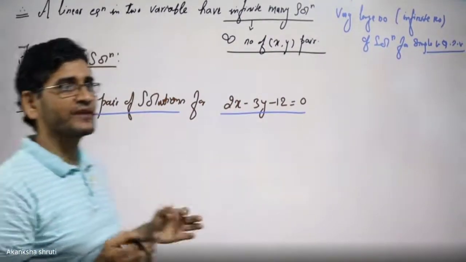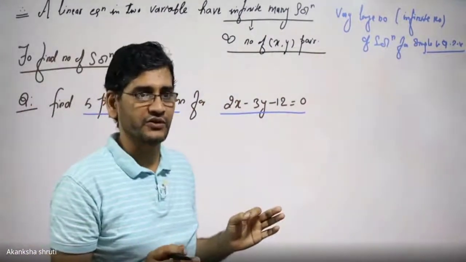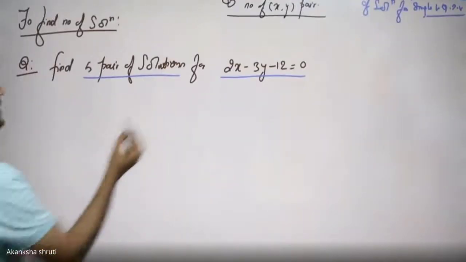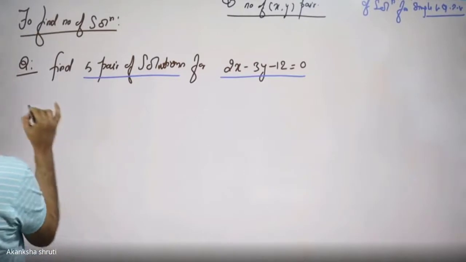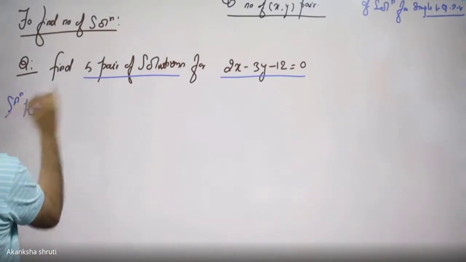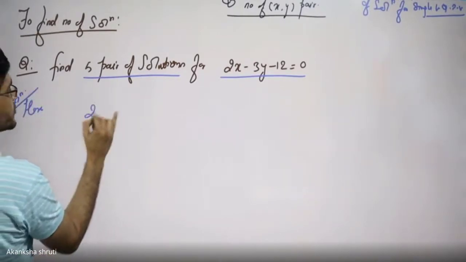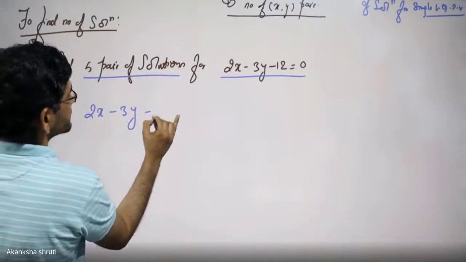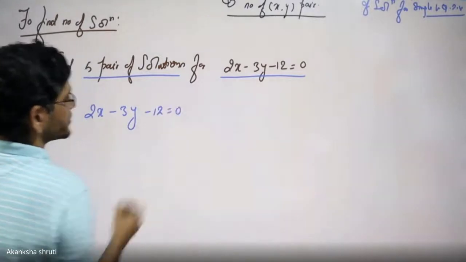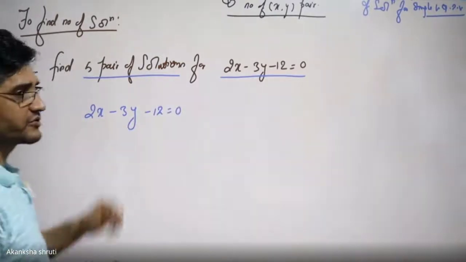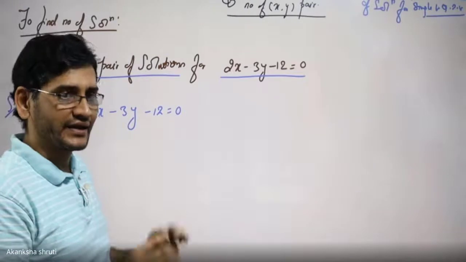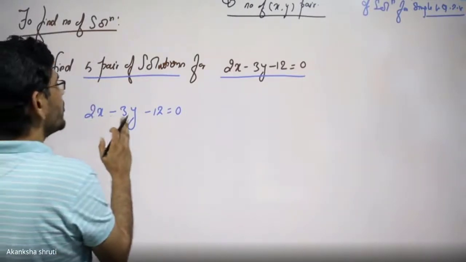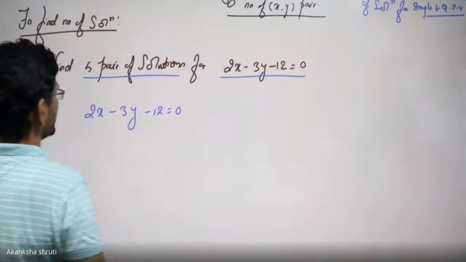How to anticipate those pairs? These are important questions, okay students? Very simple thing. Students, write down the equation. Here the equation is 2x minus 3y minus 12 equals 0. First write down the equation. Then, students, you express one variable in terms of the other.